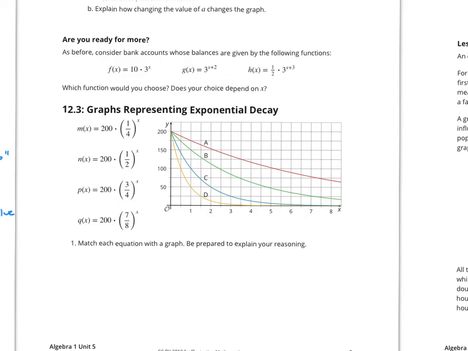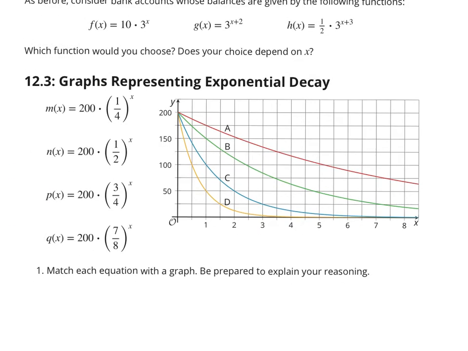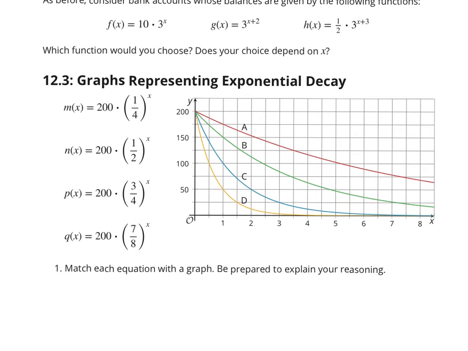So looking at graph A, which has very little decay, it's almost actually a linear equation. We can see that of the four, that one has the least amount of decay year to year. So that's going to match with my fraction that is the biggest.